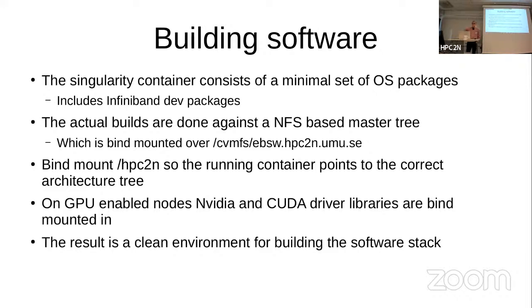We then bind mount that over the CVMFS point, and thanks to that host-specific link, regardless of where we build, it will always be for the right architecture. And of course, we auto-enable NVIDIA and CUDA, and nowadays ROCm. So we get a really clean environment for building the software stack, and it's been a smooth ride, mostly.